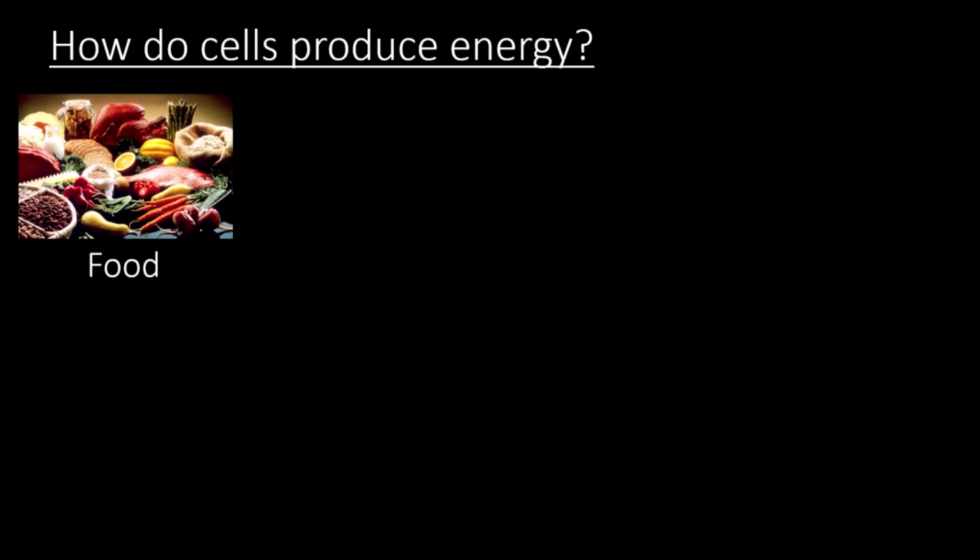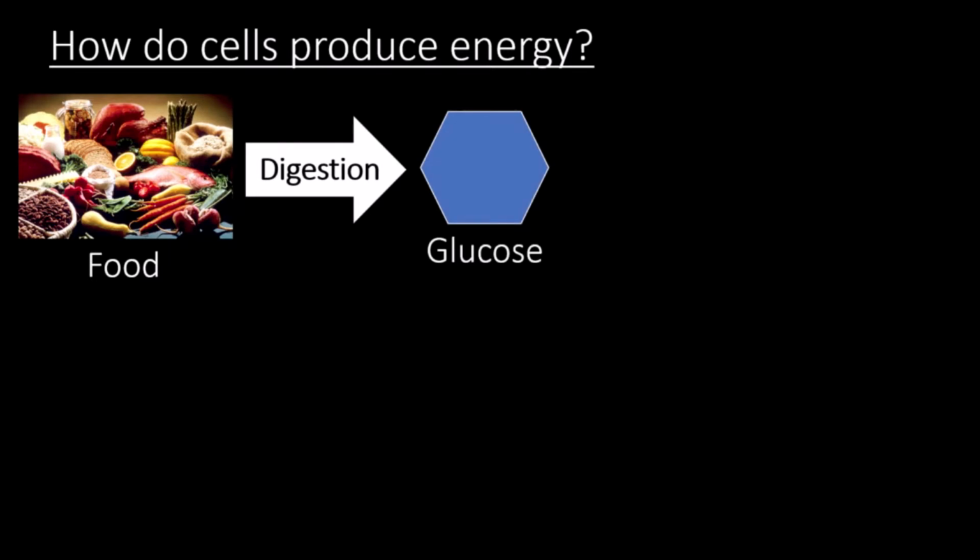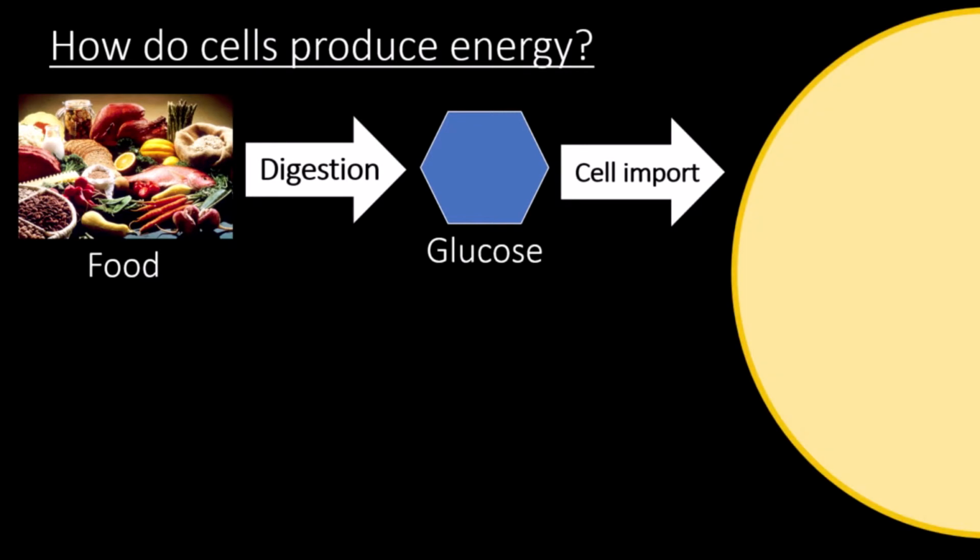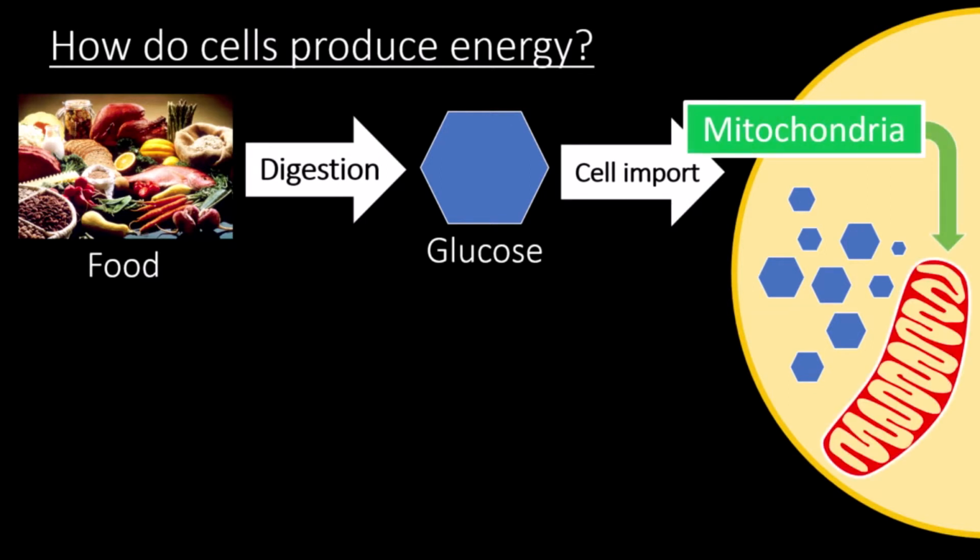When you ingest food, it becomes digested, and the body produces a sugar called glucose, which is then imported into the cells. And then at this point, the mitochondria will come into play and utilize this glucose to produce ATP.